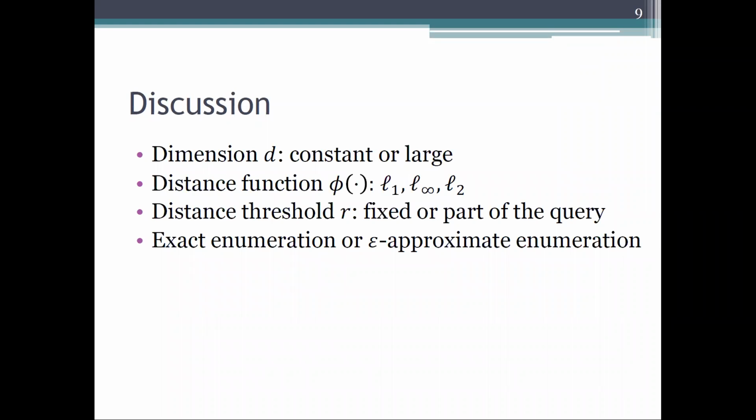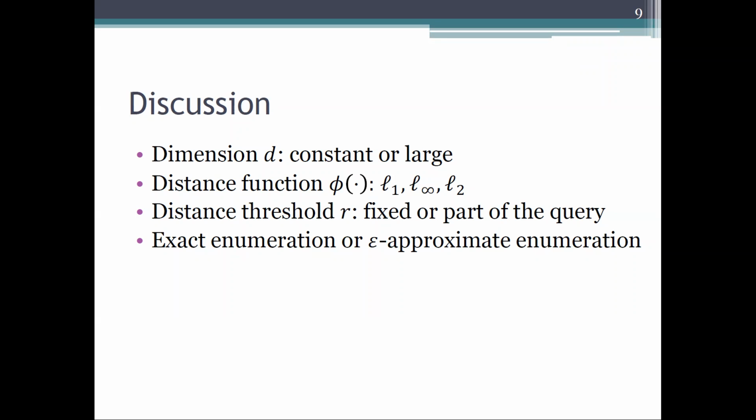Before we start showing our results, we specify some of the parameters and functions we use in this work. The dimension D can either be constant or very large, so we propose results for both cases. Furthermore, in this project, we mostly focus on Lp norms as distance functions.